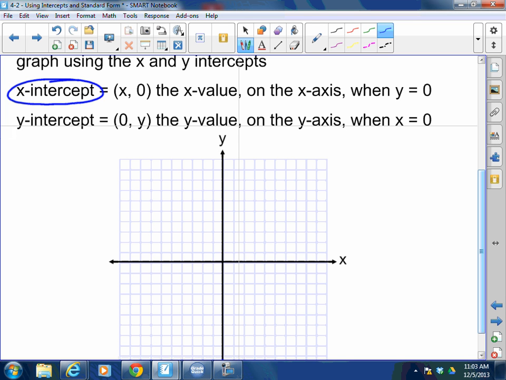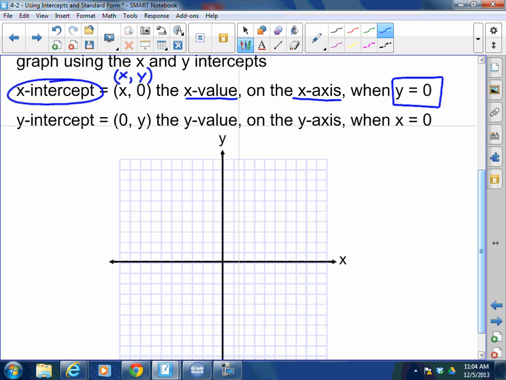What does that mean? Remember that in an ordered pair you have the x value, comma, the y value. So what did I replace the y value with in this case? With a 0. So the x-intercept, please pay attention, is the x value on the x-axis when y equals 0.